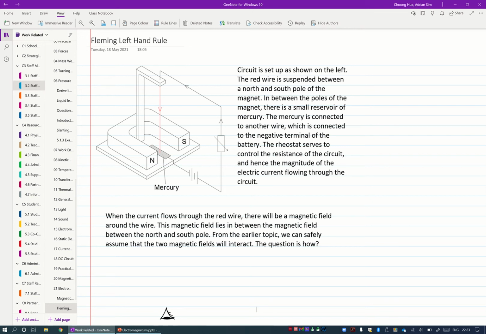First of all, let's recap here. Let's get an idea of what this diagram is all about. The circuit is closed, the current flows. This red wire is actually suspended with one end pivoted at the top and the other end loosely hung in a pool of mercury.